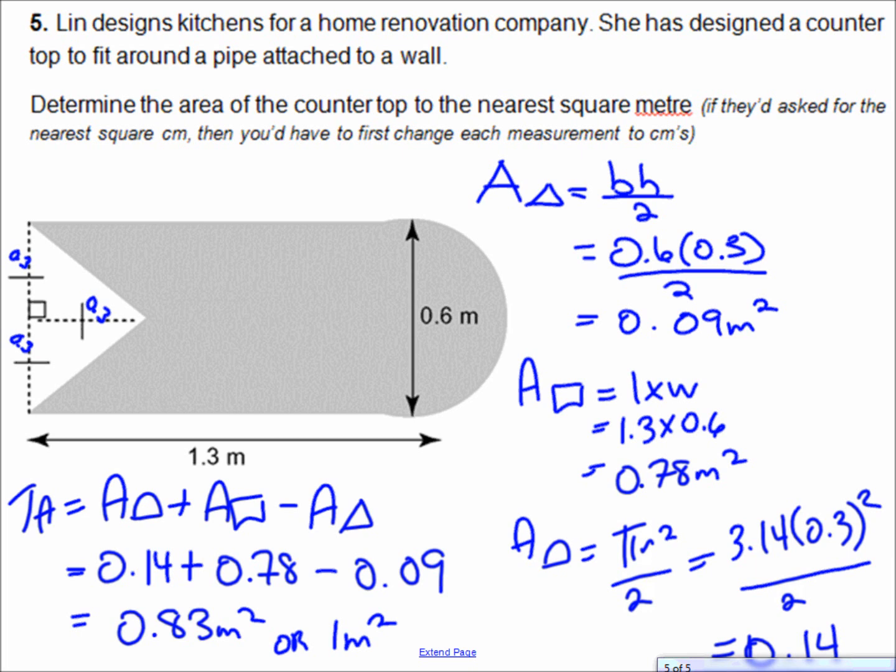Now, it also says in the question, if they asked you for the nearest square centimeter, you'd first change each measurement. Okay, so if you ever do any sort of building or any sort of construction, hopefully you know this. If the area is given to you in meters, but you need to know everything in centimeters, you have to convert all the original values to centimeters right away, because otherwise all those decimals that you're losing change everything, okay?